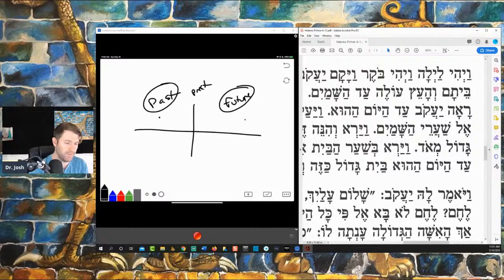But participles have this aspect, this nuance, I don't know what else to call it, continuous action, right? So it's like you're taking a video clip. That's what participles do, generally speaking. Not always, but often.